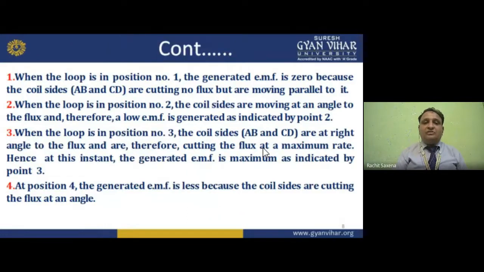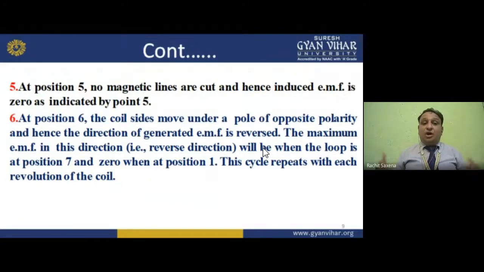Now moving forward. At position number 5, no magnetic lines are cut and hence the EMF is 0, as indicated by point 5. At position number 6, the coil sides move under a pole of opposite polarity, and hence the direction of generated EMF is reversed.